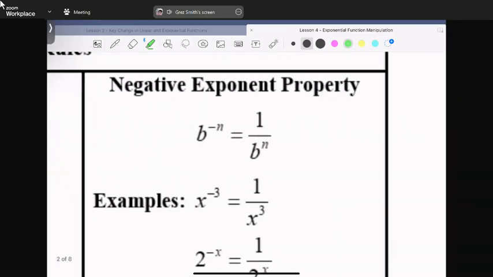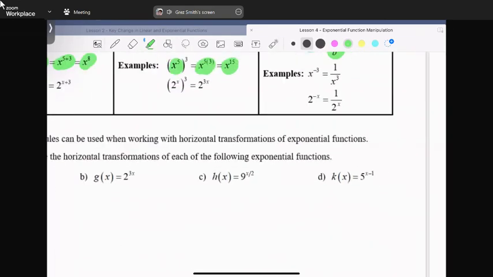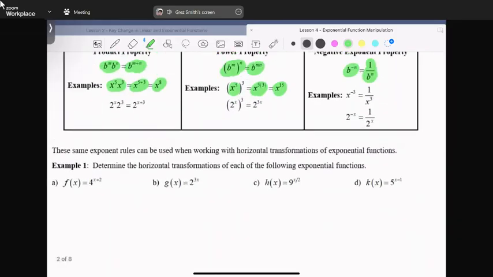And the negative exponent property, x to the minus n is 1 over x to the n, or x to the minus 3 is 1 over x to the 3. Those are some examples.